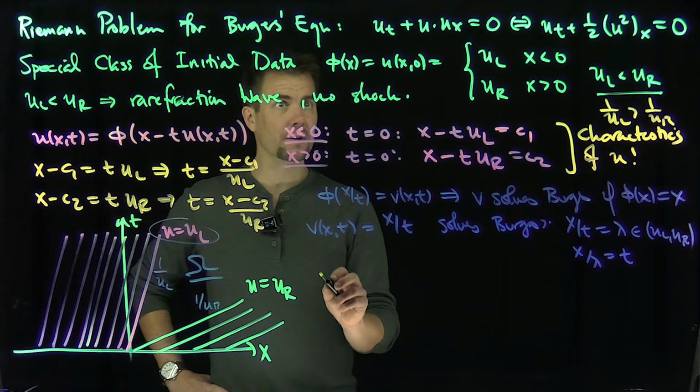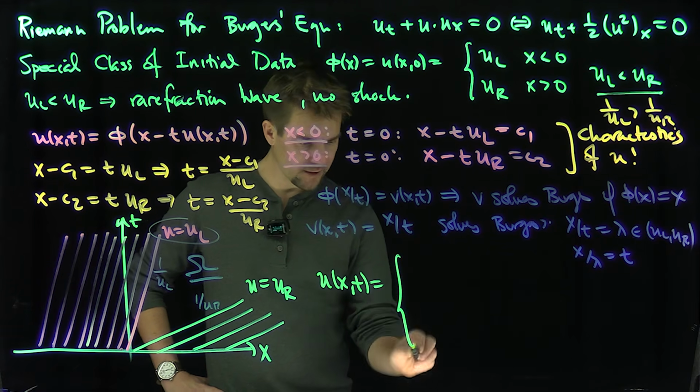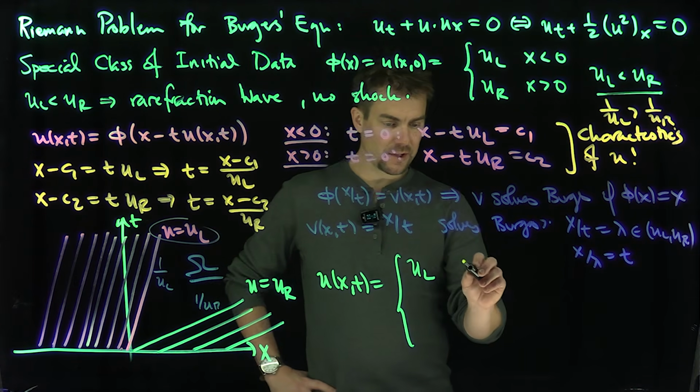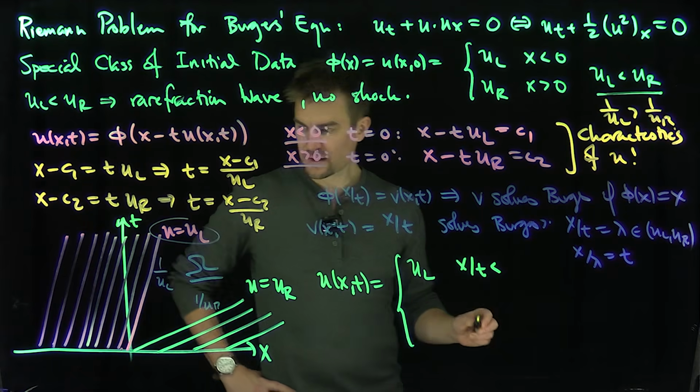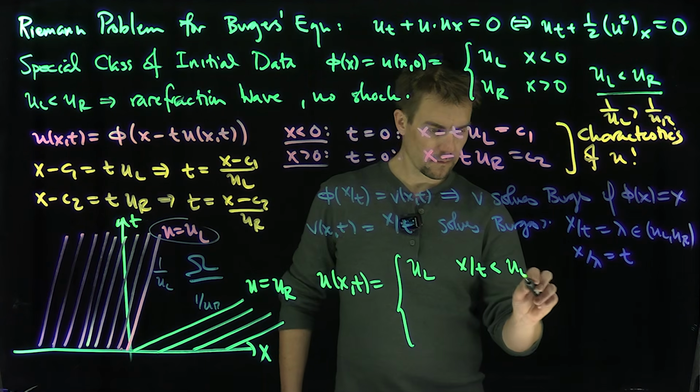So I can write down our solution to Burgers', which is the solution to the Riemann problem. u of x, t is going to be uL provided x over t is less than uL, right?